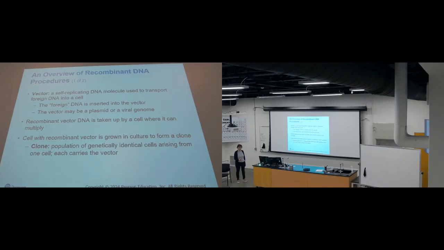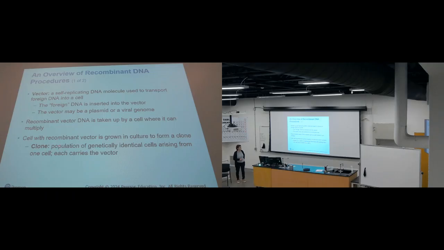So when a cell takes up this vector DNA, the DNA multiplies inside the cell and can make a messenger RNA, and then you can have a protein coming from this messenger RNA as it is translated. So the cell, when combined with this recombinant vector, can be grown in culture and forms a clone.